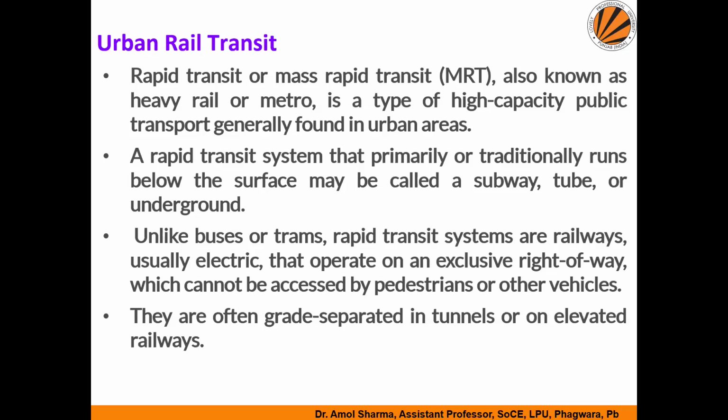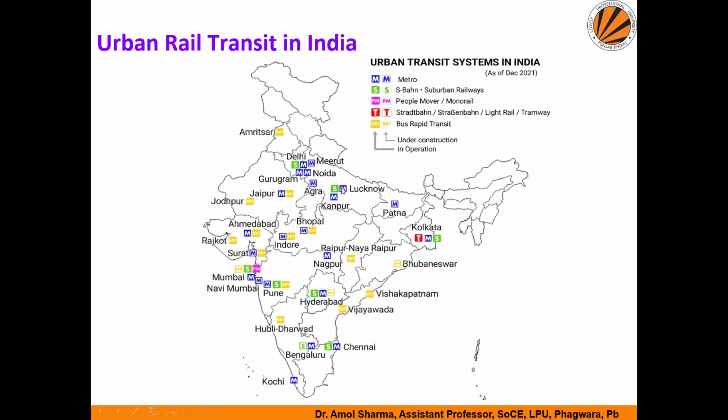This system traditionally runs on the surface, and it can be over the ground or under the ground also. Now, in India, after the development of Delhi Metro, various other cities like Lucknow, Jaipur, Hyderabad, Bangalore, and Chennai also developed metros.